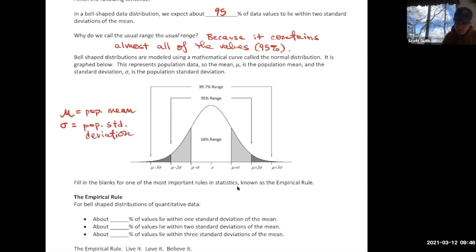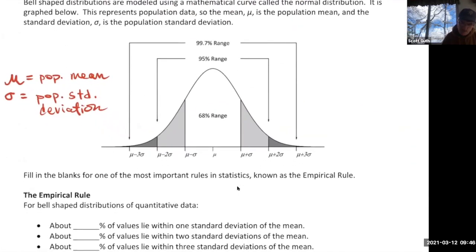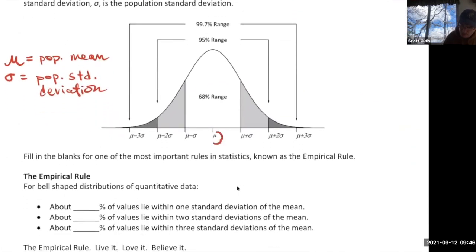Okay, so here in the middle of this distribution, you've got the population mean. And if you add 1 standard deviation and go down 1 standard deviation, does that capture most of the population? It does. About 68% of the values lie within 1 standard deviation of the mean. While that's most of the values, it's not an overwhelming majority.